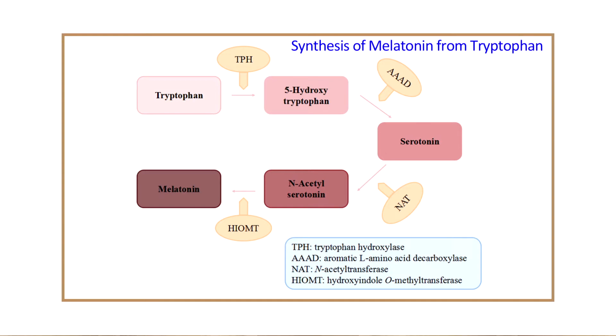Melatonin secretion is halted on exposure of the eye to light. The precursor to melatonin is serotonin, which is a neurotransmitter derived from the amino acid tryptophan. Serotonin is acetylated and then methylated to yield melatonin in the pineal gland.